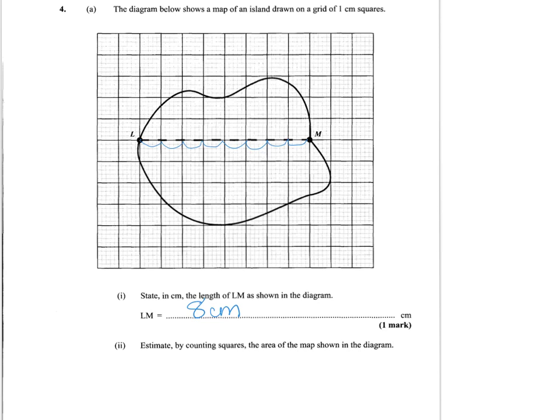That would be 1, 2, 3, up to 31, and 32 whole squares.